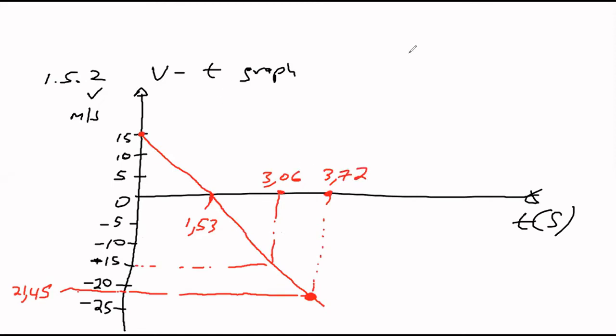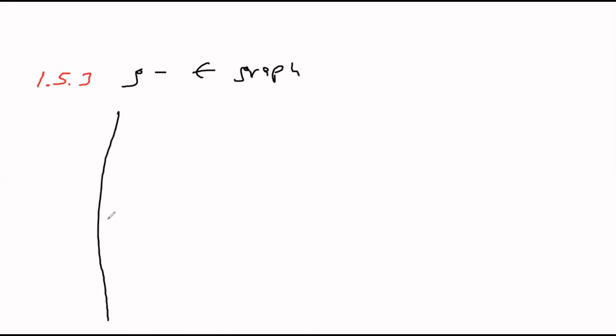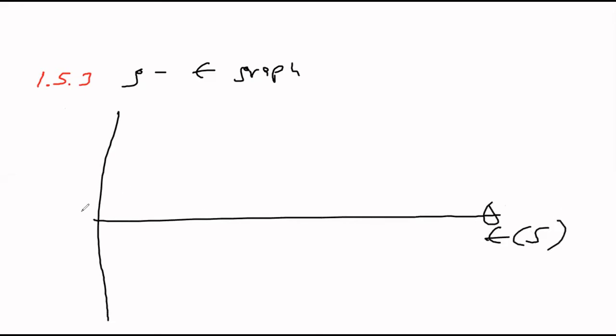Let's now sketch the last graph. Okay, acceleration time graph. You can write acceleration as g or as a. So along the x-axis, we have time measured in seconds.